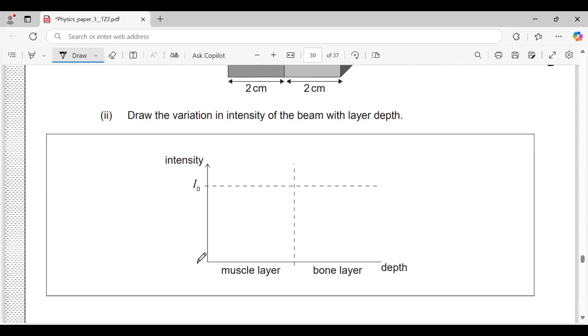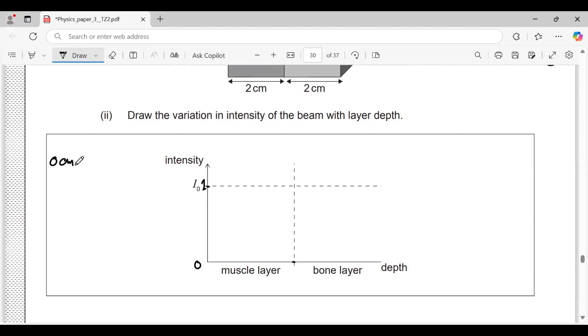If this is 0 and this is 1, it's starting from here, so the coordinate point is 0, 1.